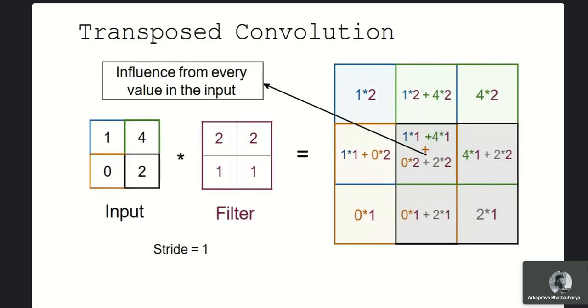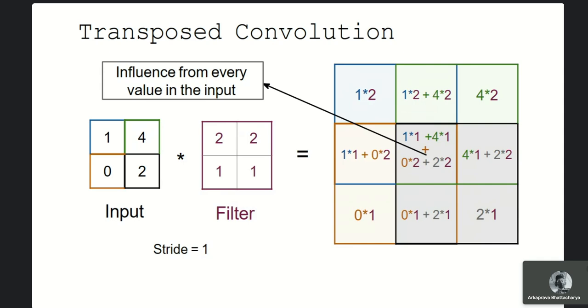Again, let us take a 2 cross 2 input that we want to upsample to a 3 cross 3 output. We will take a 2 cross 2 learnable filter and stride it through this.